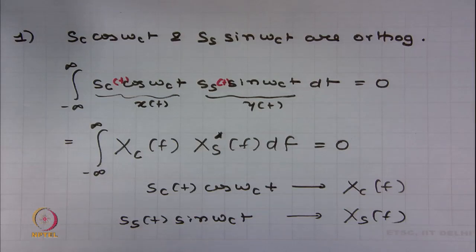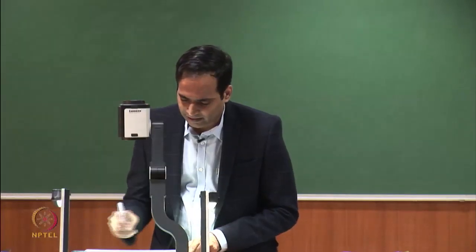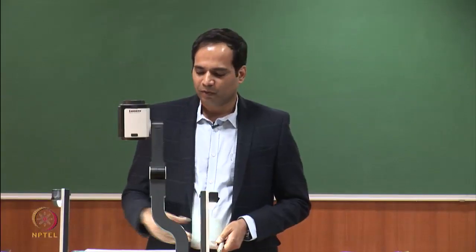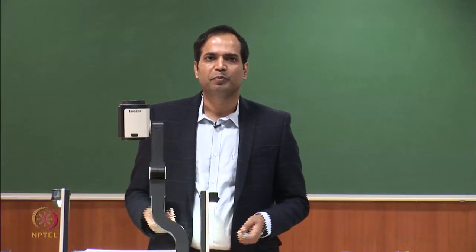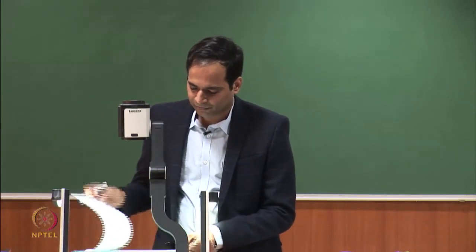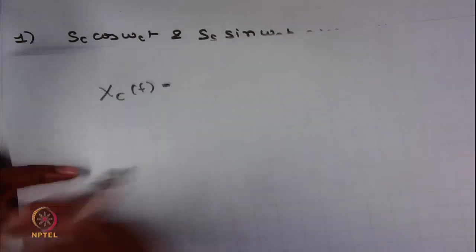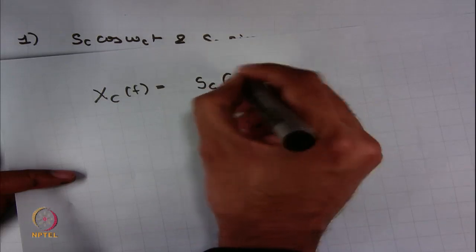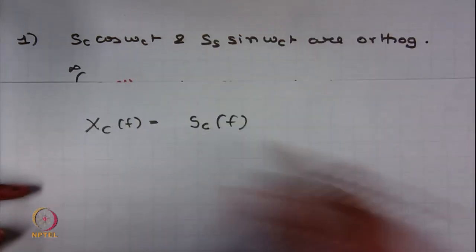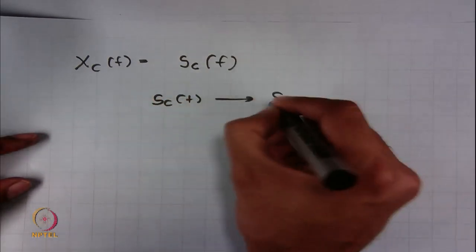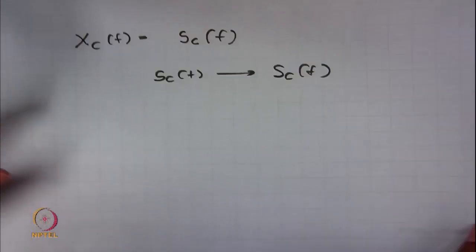Okay. So, now let us see what this XC(f) is. There is also a one line proof for this, but the reason we are doing such a lengthy proof is that it is more instructive. You learn more when I carry out this lengthy proof. So, let me define that SC(t) has a Fourier transform SC(f).